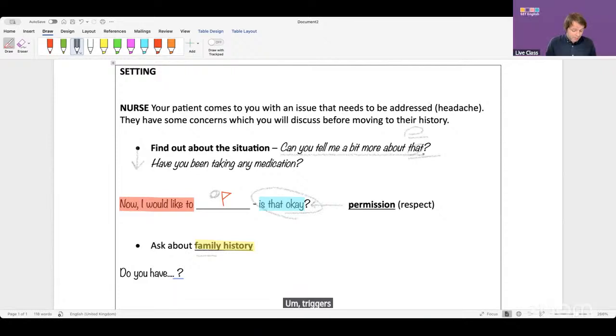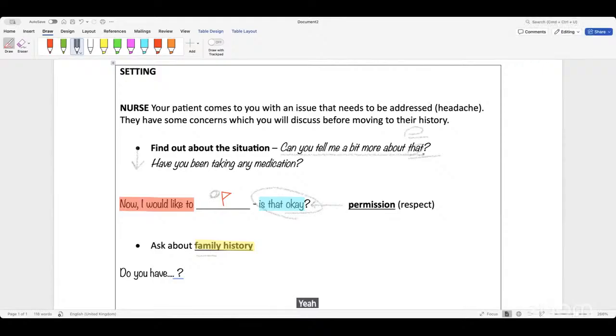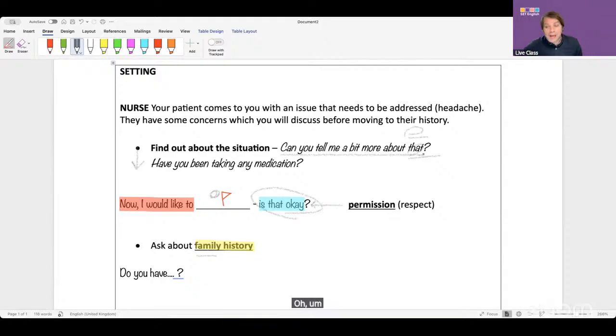Triggers, I'm not sure. I work in IT, so I look at the screen a lot. And have you been taking any painkiller? Oh, yes, paracetamol. Only just some paracetamol when it's really bad.